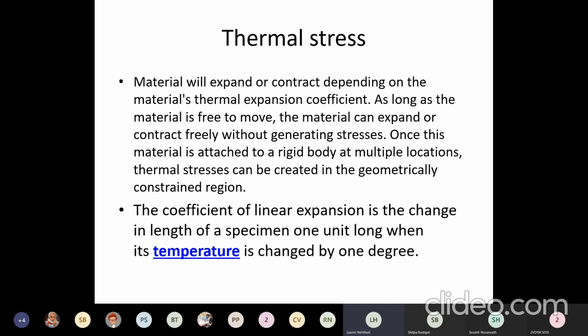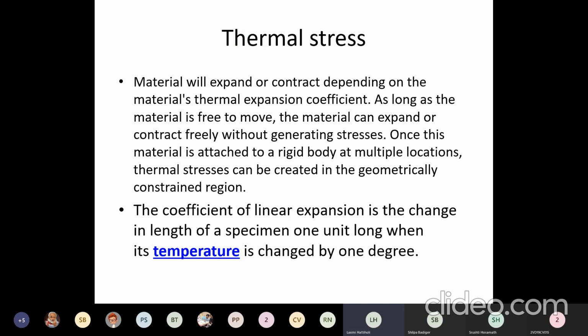Let me refresh the concept of thermal stress from yesterday's class. Material will expand or contract depending on its thermal expansion coefficient. Every material has its own coefficient of linear expansion. When you increase the temperature, the length increases, and when you decrease the temperature, shortening occurs.